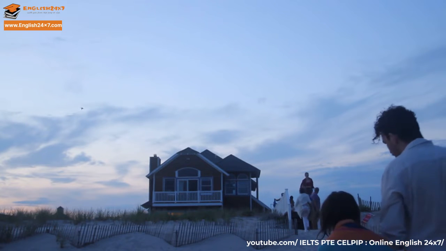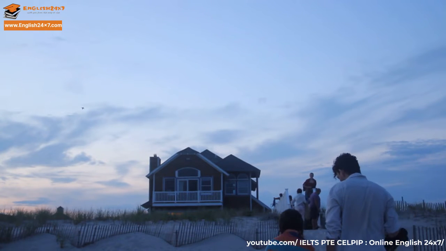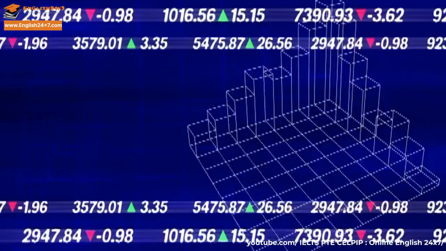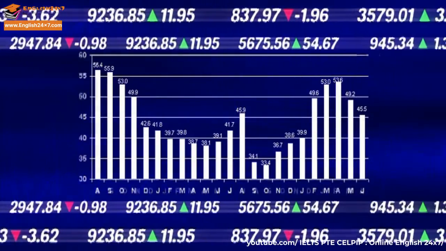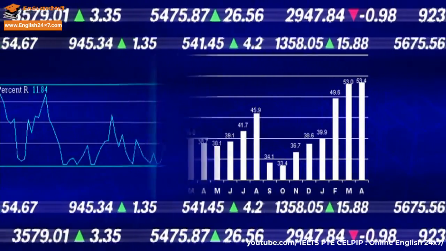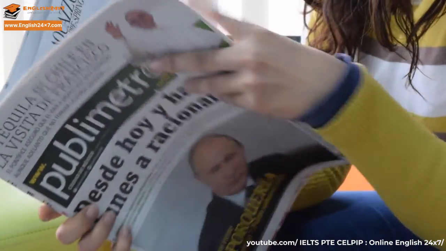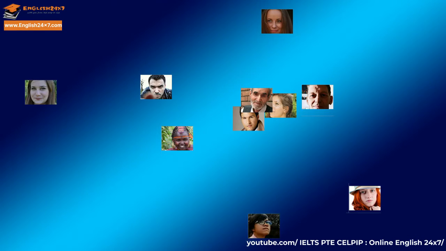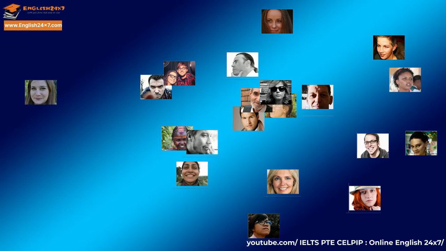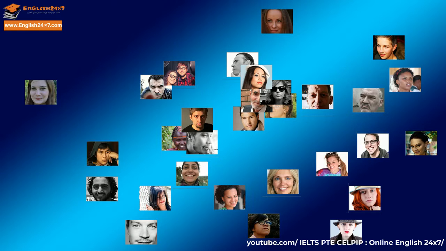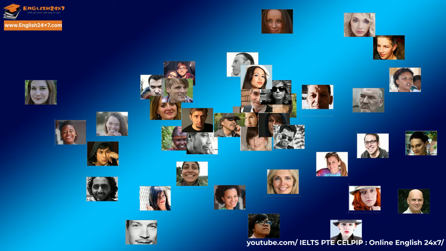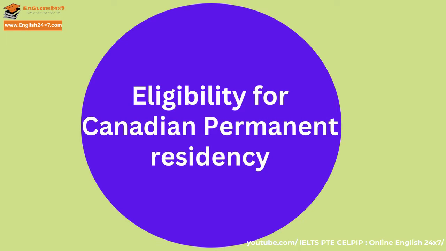Some want to experience the quality of life and work in Canada, and some like the economic opportunities provided by Canada. You can check your eligibility to move to Canada on the site of Immigration, Refugees and Citizenship Canada, IRCC. There are a number of programs which can help you in moving to Canada on a permanent basis based on your eligibility.